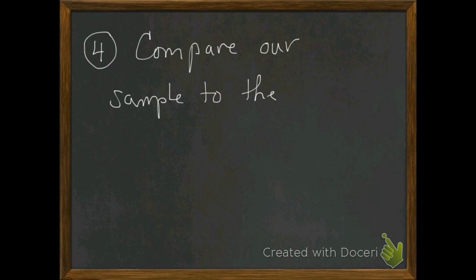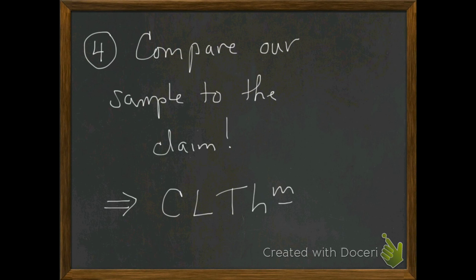The next part's kind of the fun part, is we compare our sample to the claim. Now, what we get into here, as you might imagine, what statistical technique allows us to compare our claim? Well, everybody's favorite. It goes back to the central limit theorem.